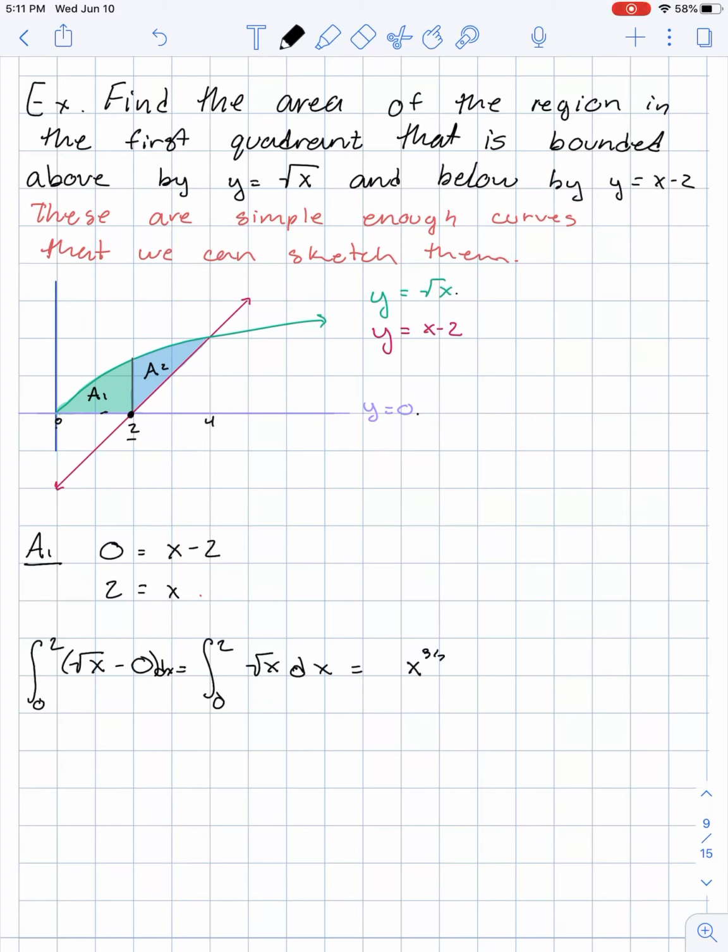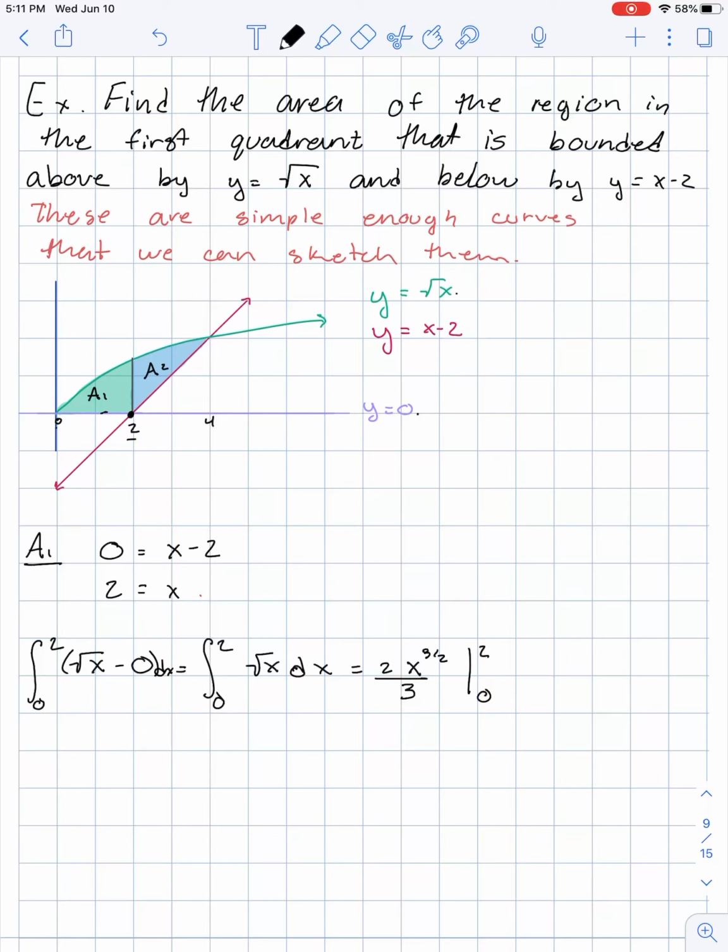So this is going to be x to the 3/2 times 2/3, evaluated from 0 to 2. I know what you might be thinking: how am I supposed to know how to do this? It's because these curves are simple enough that you can just draw these pictures.